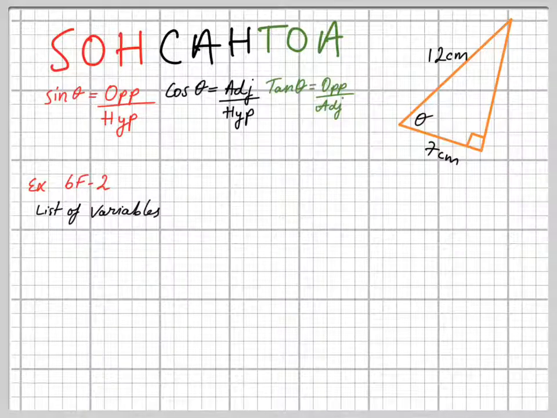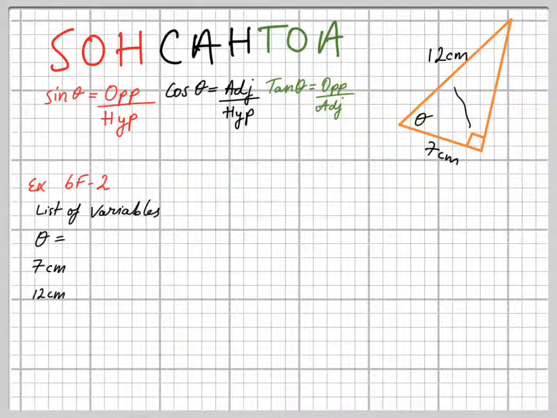And they are theta, we've got theta here, and that's what we're supposed to find. And we have 7 and 12, 7 centimeters and 12 centimeters. Now we need to identify, I'm going to start with the 12 centimeters.